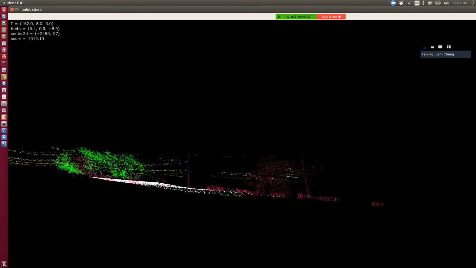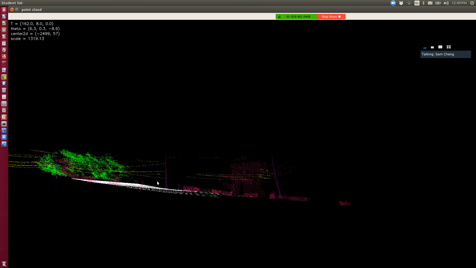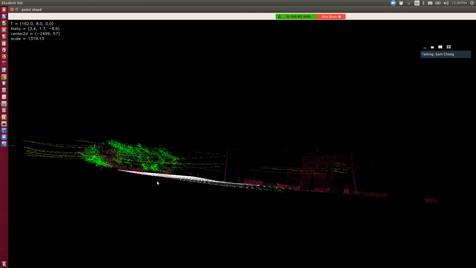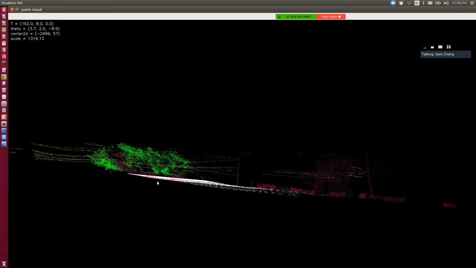And so I can move that. Yeah, I can move it up and down, I guess. I don't know if you're interested. There's some theta, t is of course the translation here.